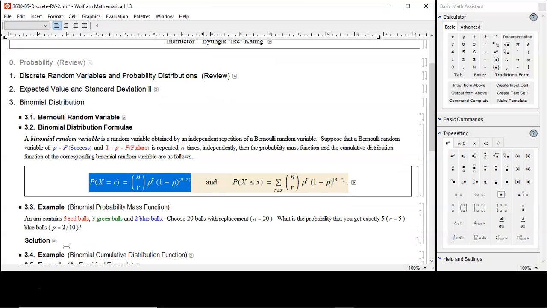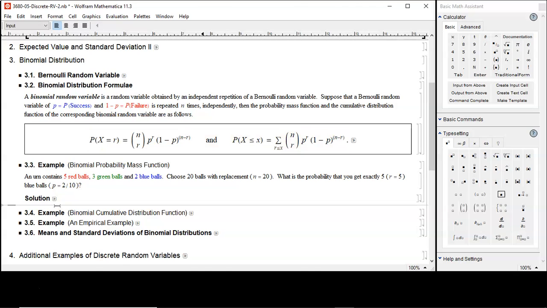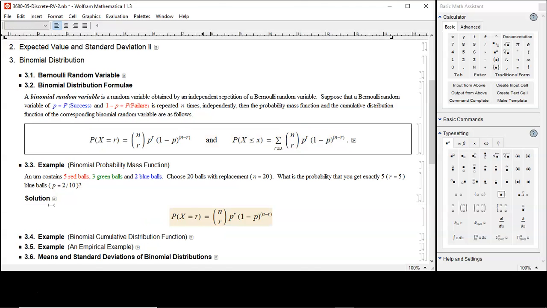The probability mass function is going to be precisely 5 successes out of a total of 20 draws, and then the 5 power, 20 minus 5 power, so this is going to be the 15 power.